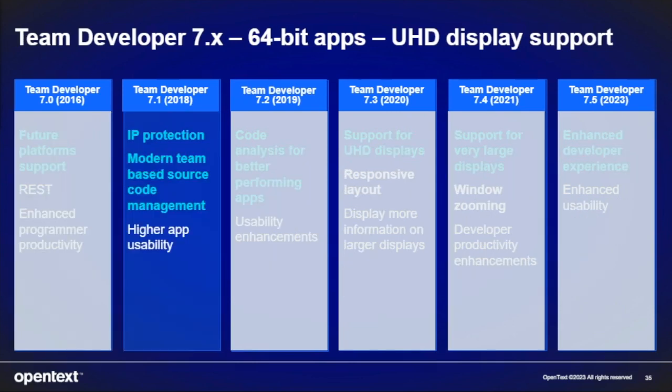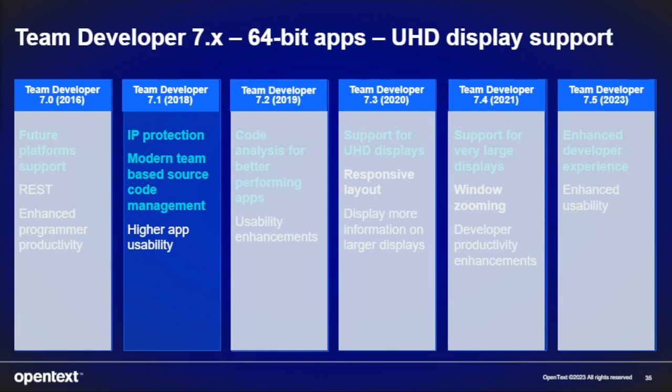In Team Developer 7.1, you get IP protection, modern team-based source code management, and higher app usability. So the name Team Developer basically came from the fact that Team Object Manager was a source and team management tool that we provided in the mid-90s, which was very good, was used by many teams.